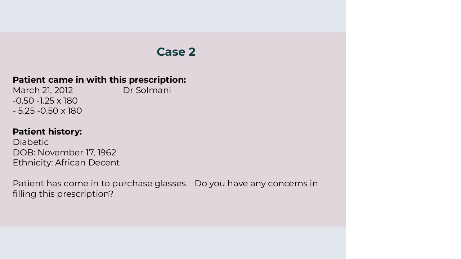Because you can have prescriptions like this, and then there are concerns: are they going to be able to fuse the images because they're going to be totally different sizes? The left eye is going to have a significantly smaller image than the right eye because of the high minus, right? But if they're already wearing glasses like this for a significant amount of time, that means they've already learned to fuse that. So we're not really that concerned about that unless it is a significant change from a previous prescription.